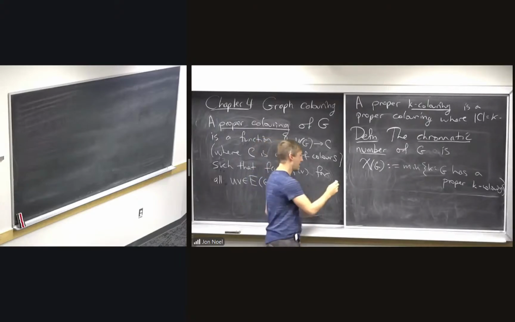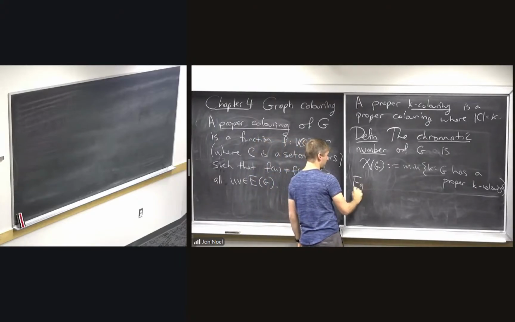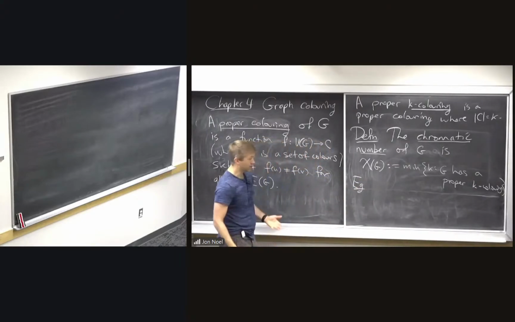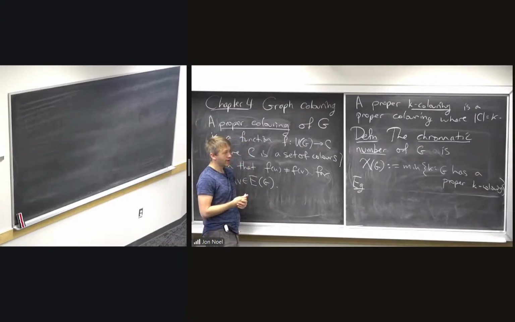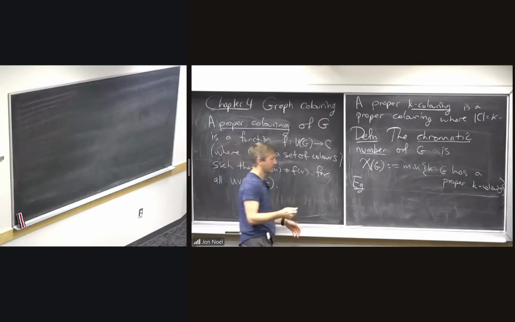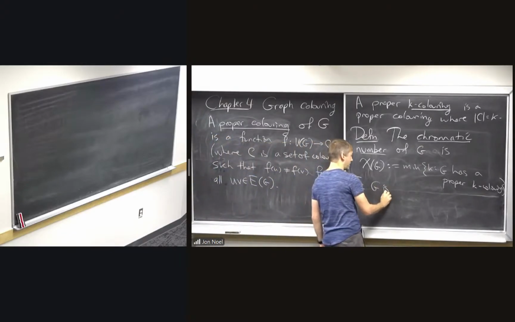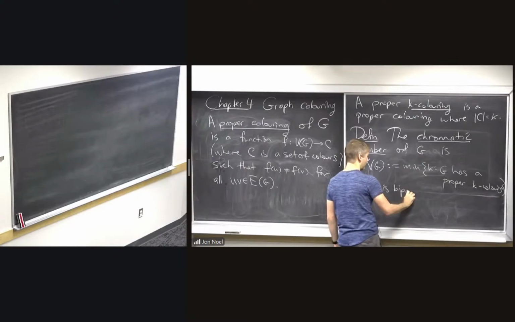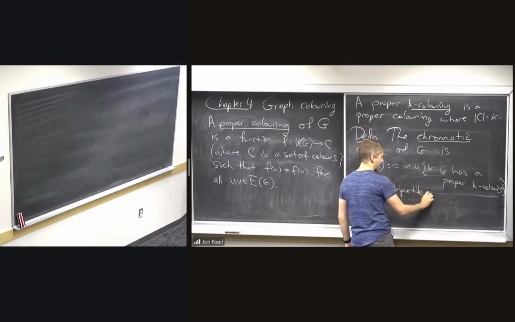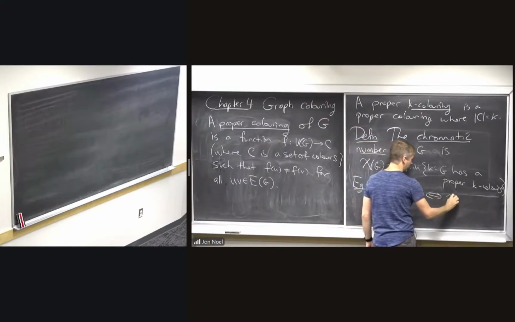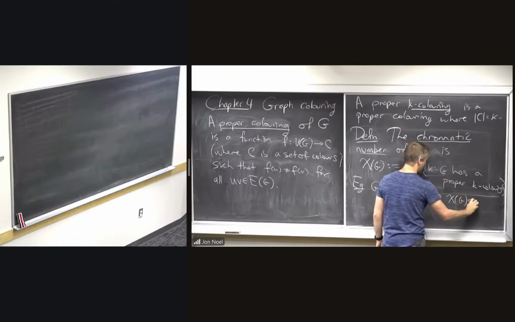So as an example, we've talked a lot about bipartite graphs. A bipartite graph is the same thing as a graph with chromatic number at most 2, right? So G is bipartite if and only if the chromatic number of G is at most 2.